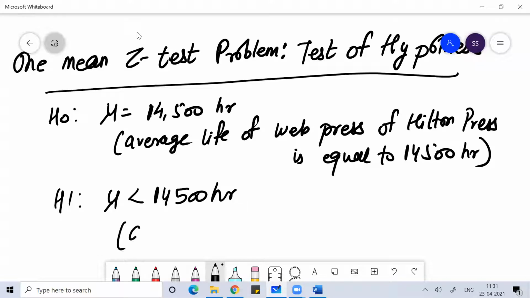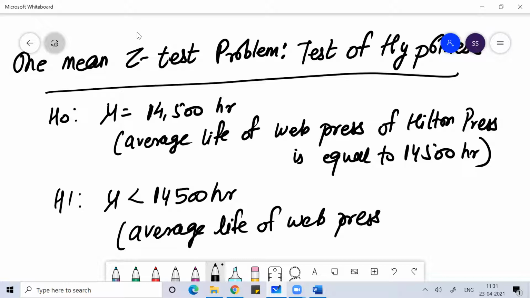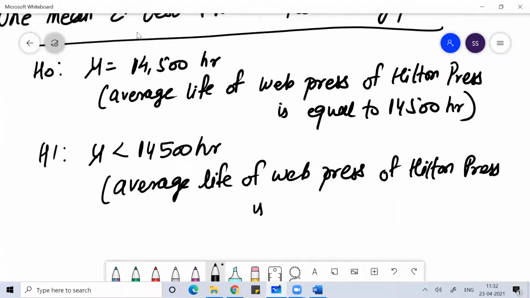So in the alternative hypothesis, you'll write that the average life of the web press of Hilton Press Company is less than 14,500 hours.